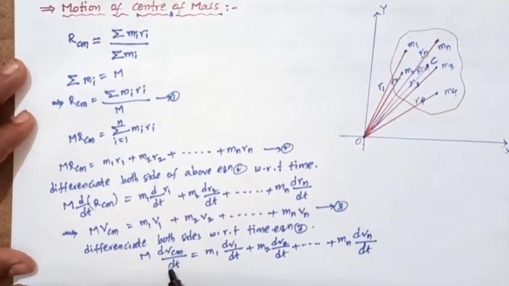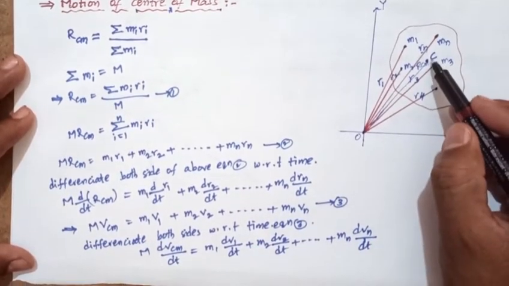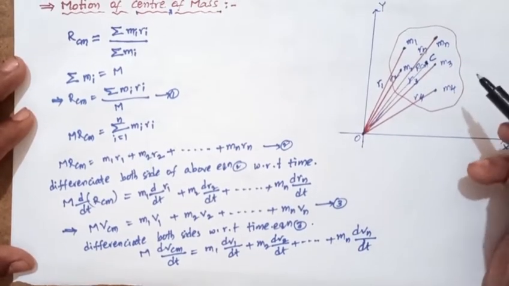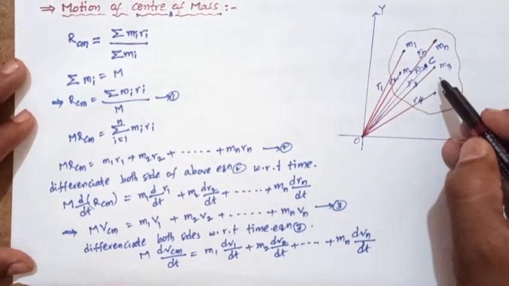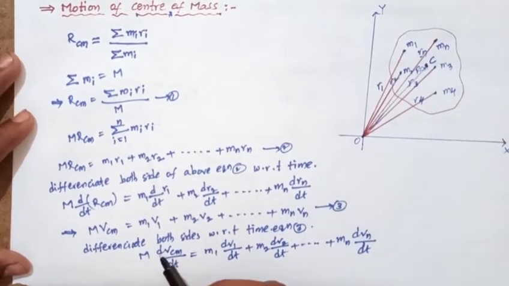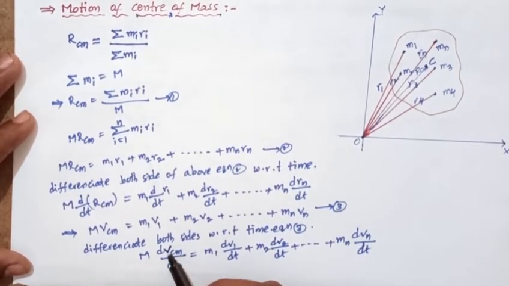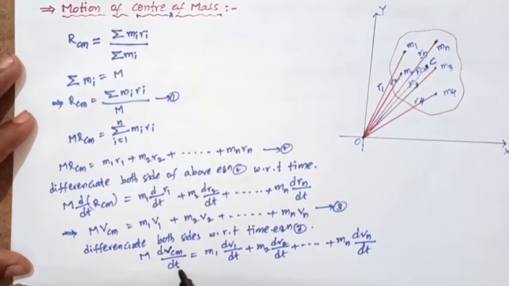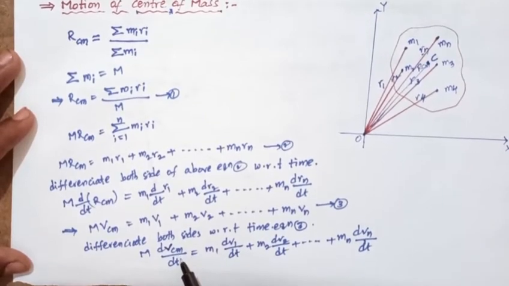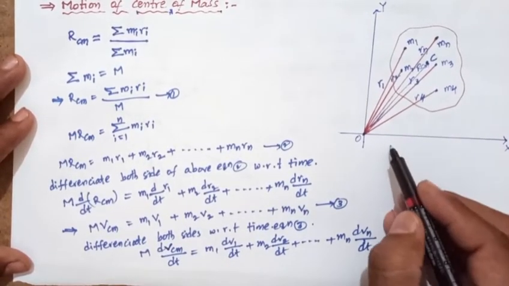Here Vcm is the velocity of the center of mass particle. The time rate of change of velocity is nothing but the acceleration.